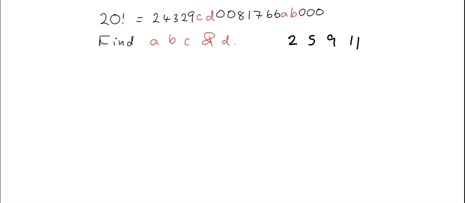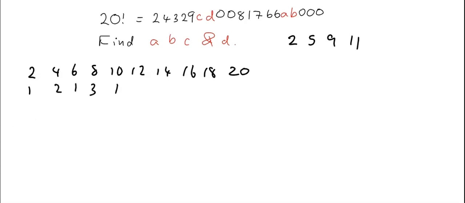If we consider the numbers 2, 4, 6, 8, 10, 12, 14, 16, 18, 20, and the highest powers of 2 that go into each, 1, 2, 1, 3, 1, 2, 1, 4, 1, 2, they come to 18, therefore 2 to the power of 18 divides 20 factorial.